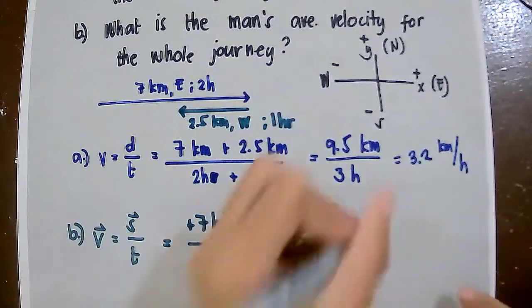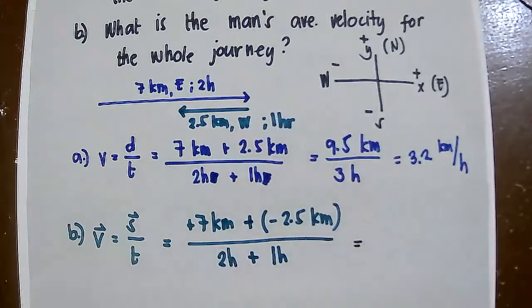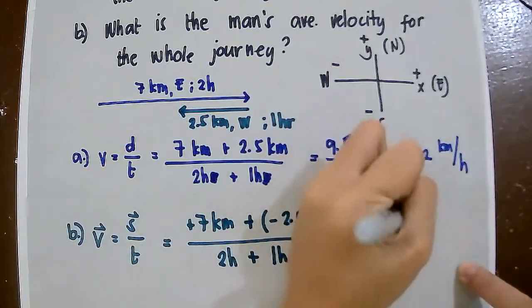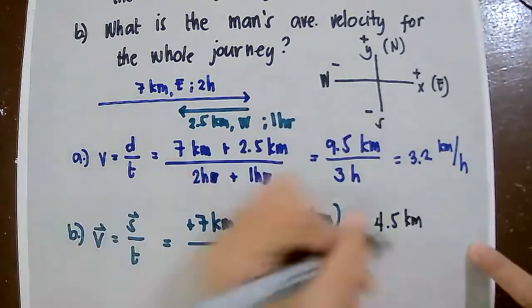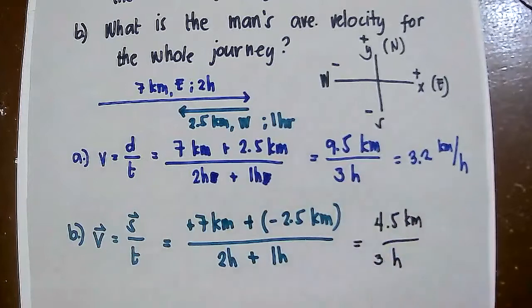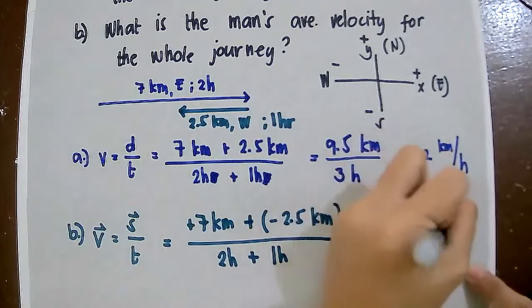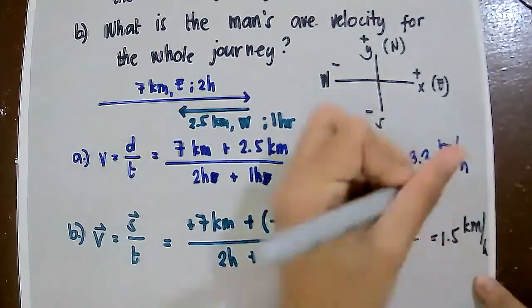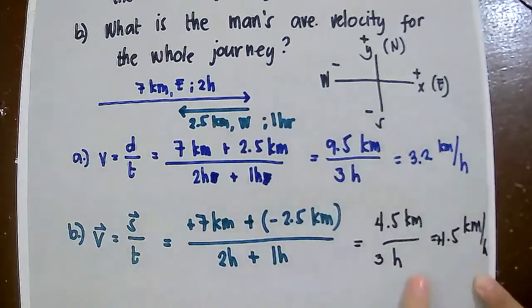And then you will get now, that's 7 minus 2.5 or 7 plus negative 2.5, you will get 4.5 kilometers over 3 hours. And then you divide, you will get 1.5 kilometer per hour. So that is positive.